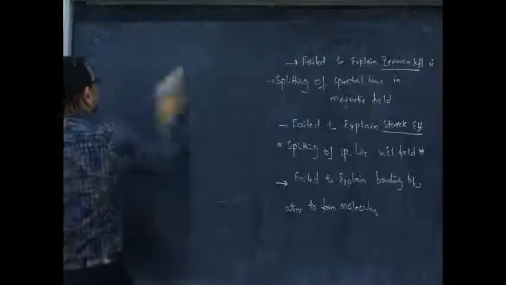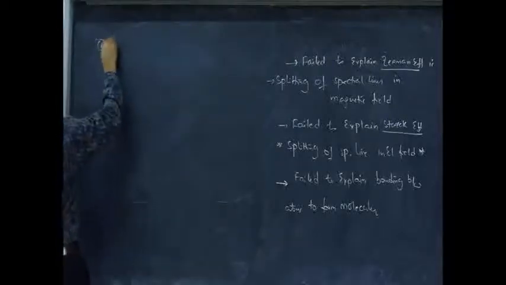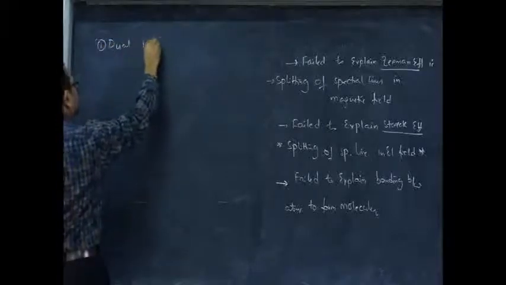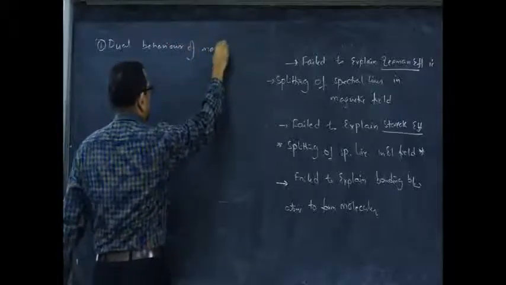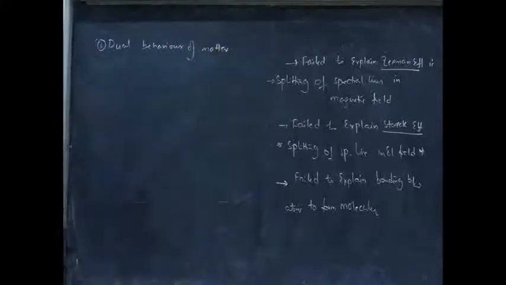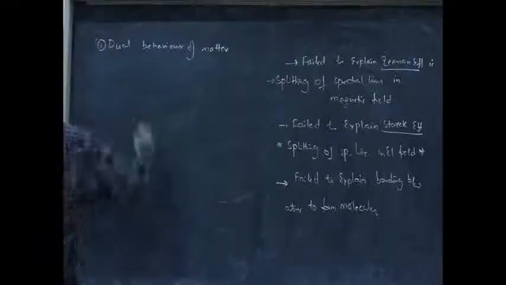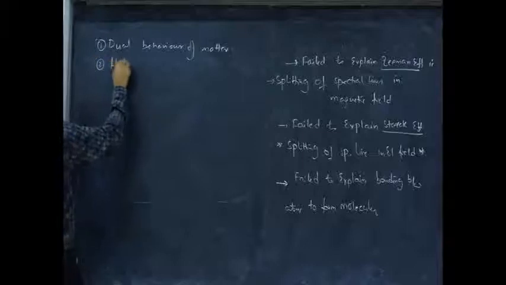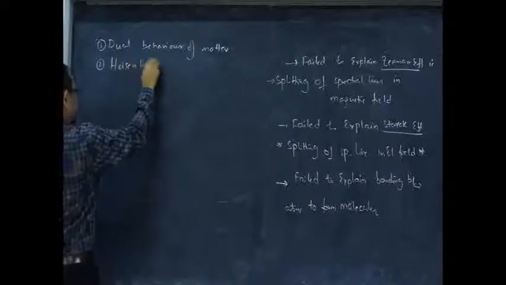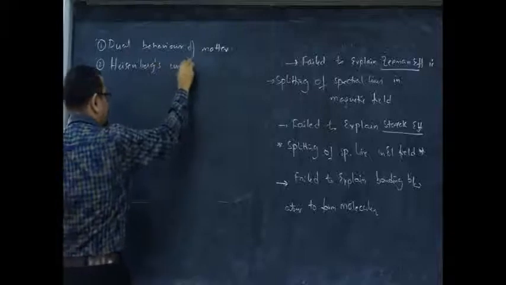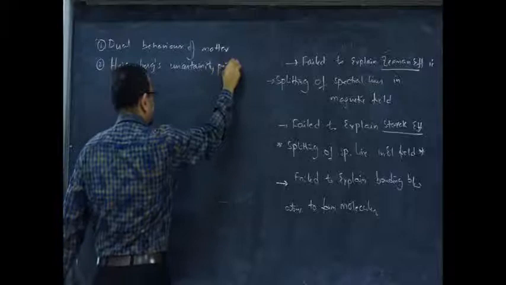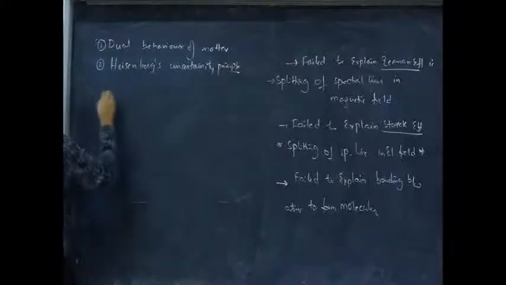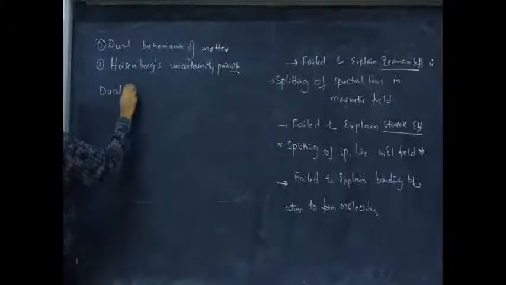They were the dual behavior of matter, or dual nature of electron, and the second one is Heisenberg's uncertainty principle. Among these two, let us first discuss the dual nature of matter.